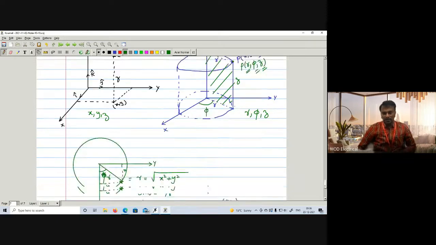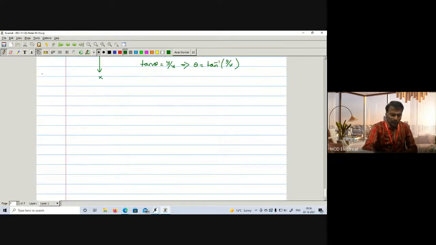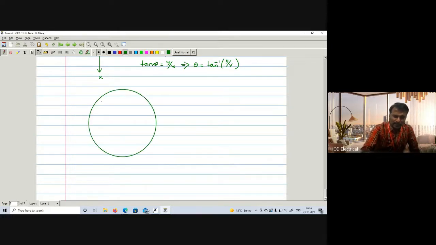Next, what are the applications of cylindrical coordinate system? We know in our electrical machine we have stator, and inside that we have rotor. We magnetize the stator, and due to the magnetization, flux flows through this stator.